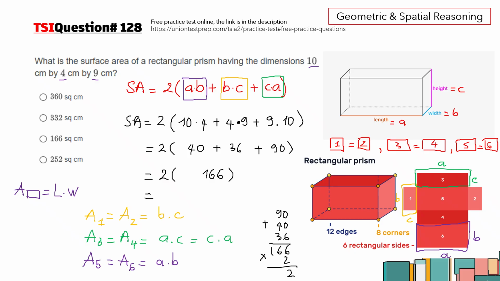Again 2 times 6 is 12, remember 1 is 13, write 3, remember 1 again. Then 2 times 1 is 2, remember 1 is 3. So the correct answer is 332 centimeters squared. It will be like that, simple: 332. So the correct answer is B.